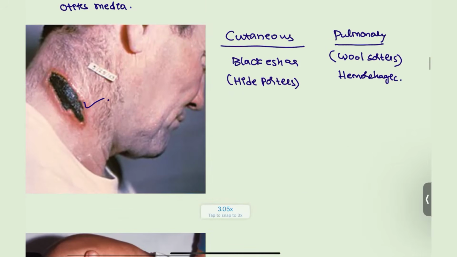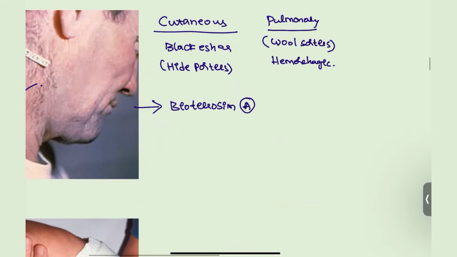What are the things that you have to remember about the anthrax? It is a bioterrorism agent, bioterrorism category A. Okay, and this is going to form capsules.